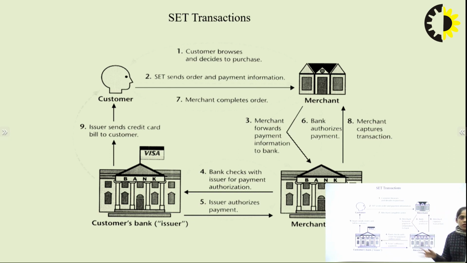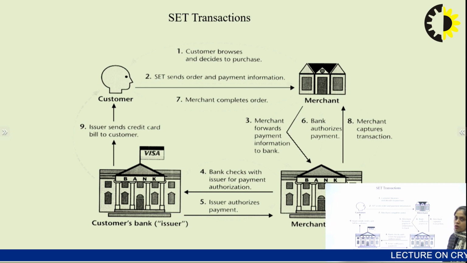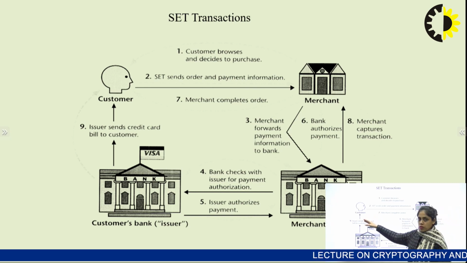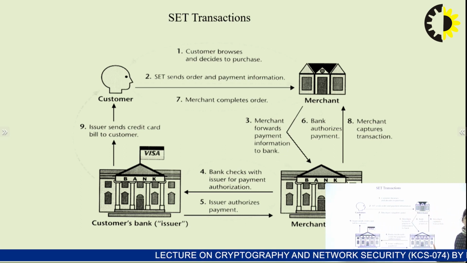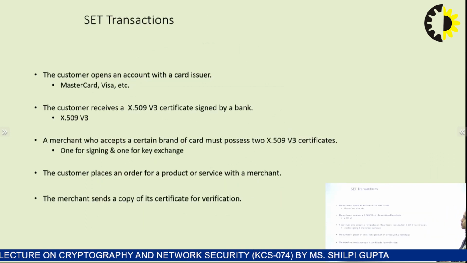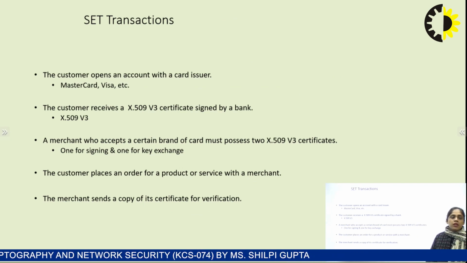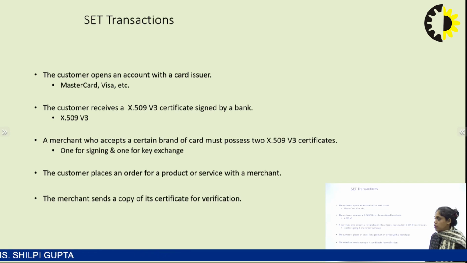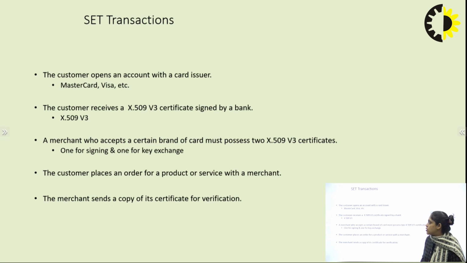So like this, a complete SET transaction is done securely. These are the entities available in between: the customer, the merchant, the merchant's bank, and the customer's bank. The customer opens an account with the card issuer. It may be a MasterCard, Visa card, etc. The customer receives an X.509 version 3 certificate signed by a bank.